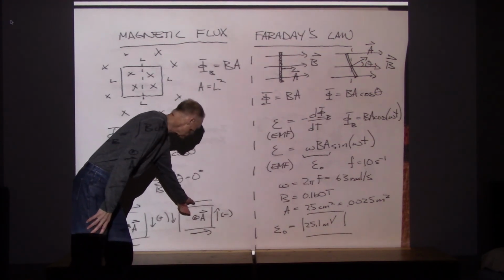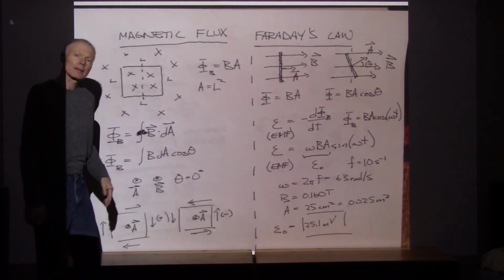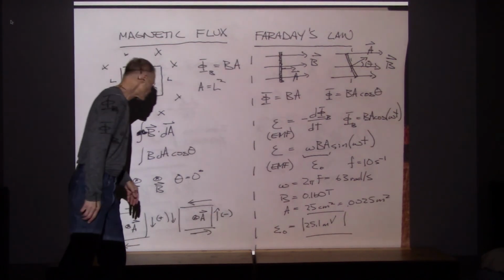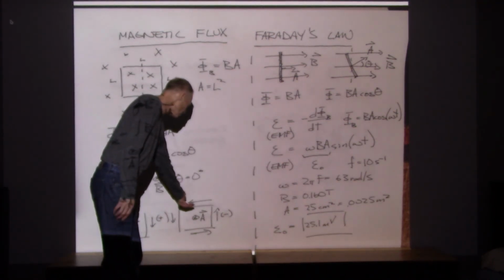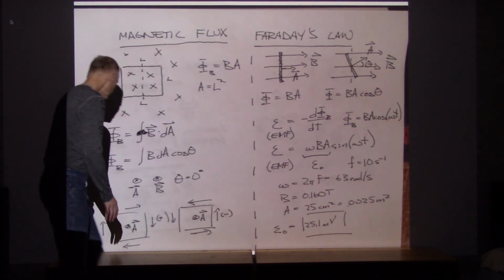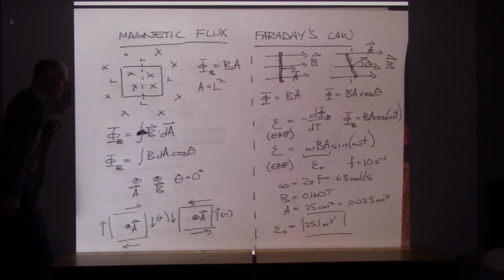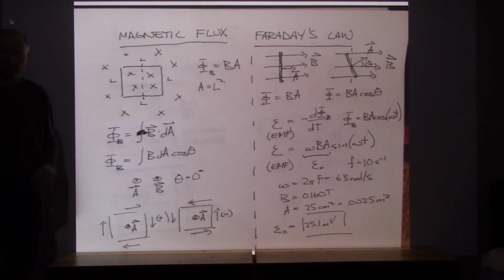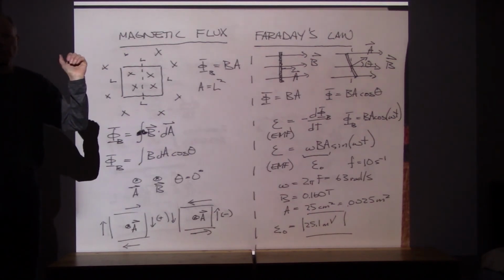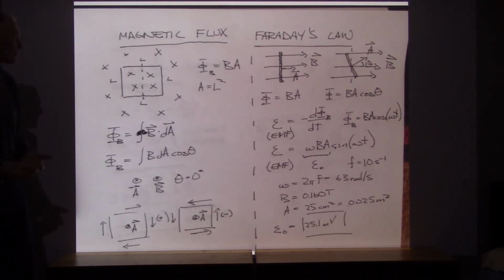A left hand will tell me the direction of negative EMF and negative current. So this left-handed rotation around the area vector is the negative direction, and the right-handed rotation around the area vector is the positive direction. I think it's easier than Lenz's law, but you guys can decide.